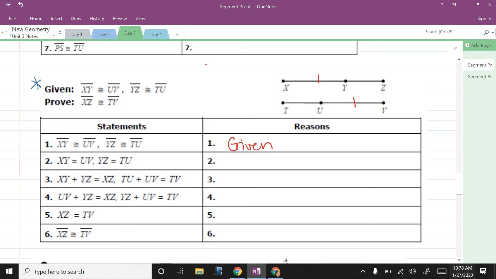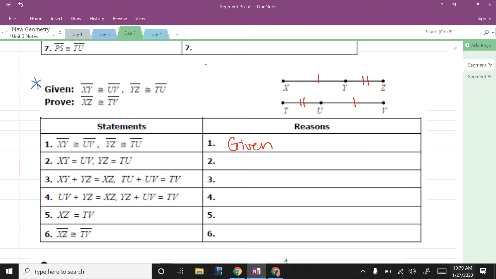If you don't mark, you're not trying. And it tells me YZ, which is the shorter segment on the first segment, is congruent to TU. So I'm putting 2 tick marks to show which ones are congruent to what. The ones with 1 tick mark are congruent to each other. The ones with 2 tick marks are congruent to each other. So that is given to me, and I marked it.